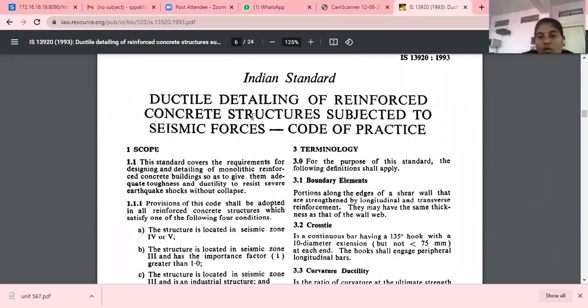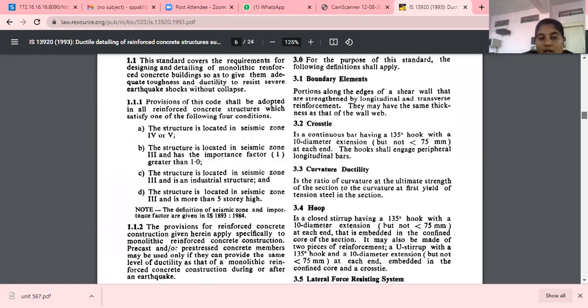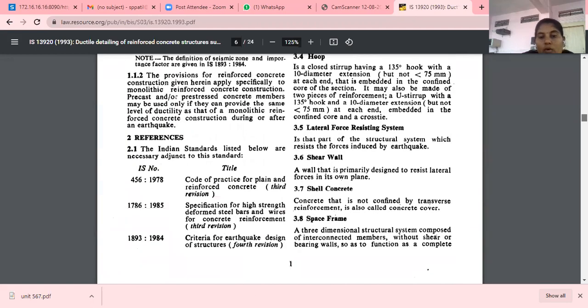So ductile detailing of reinforced concrete structure subjected to the seismic forces and the code of practice for that scope, and the different terminologies also they have given with respect to the curvature, ductility, curvature, what is the hoop, what is the shear wall, shell concrete, space frame, all those parameters they have given, and which IS codes we have to use for achieving the ductile detailing in the RCC members.